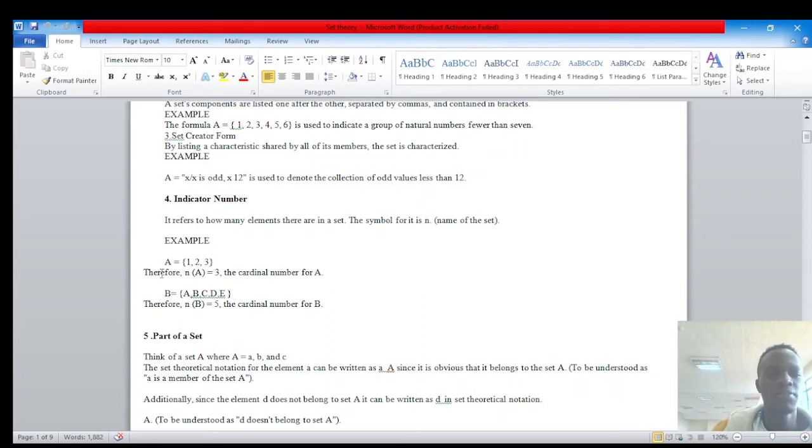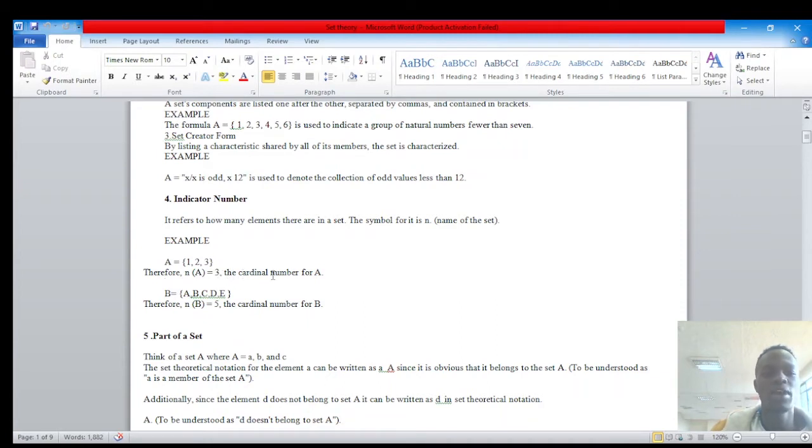So n(A) equals 3, because there are 1, 2, 3 elements inside this set. This is where we count, and that's where we got the answer from.